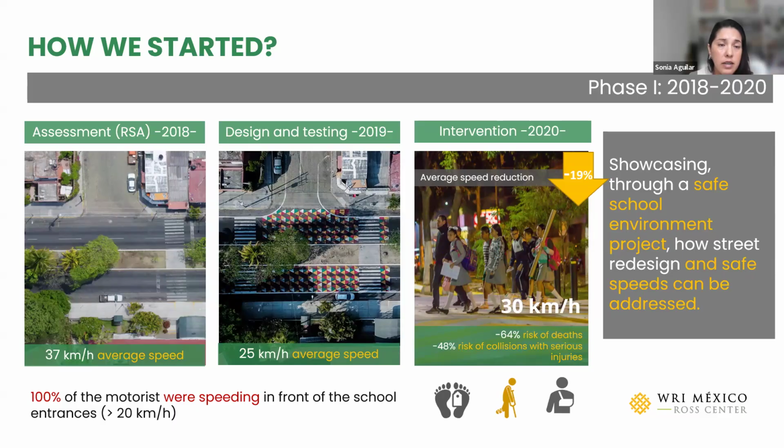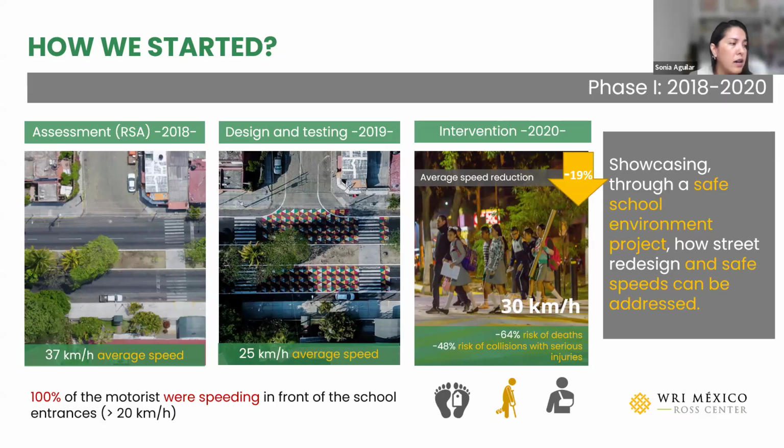During designing and testing, the second photograph, we developed a tactical urbanism exercise in coordination with the school community, based on a local community exercise. We collected their needs and desires, and we also linked our efforts with local universities to develop different scenarios of blueprints that we presented to the community. This is the blueprint that won during all these consultations.